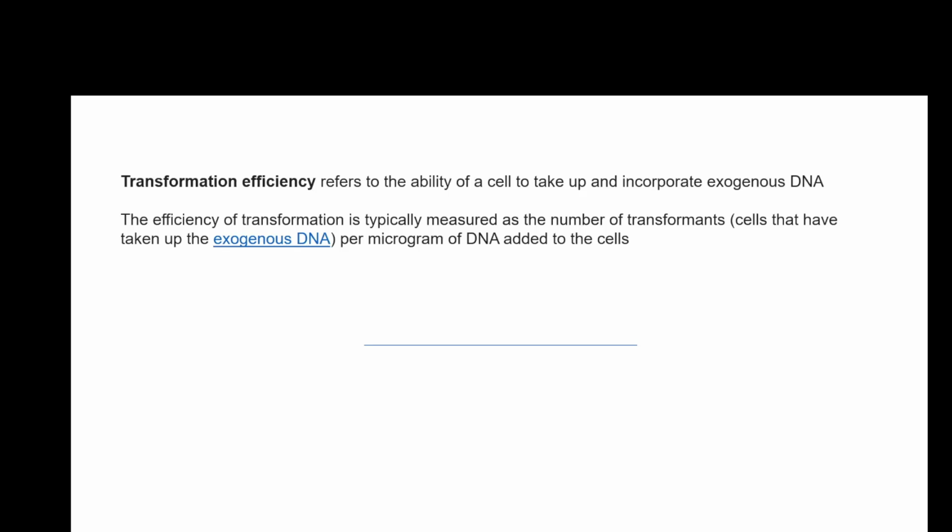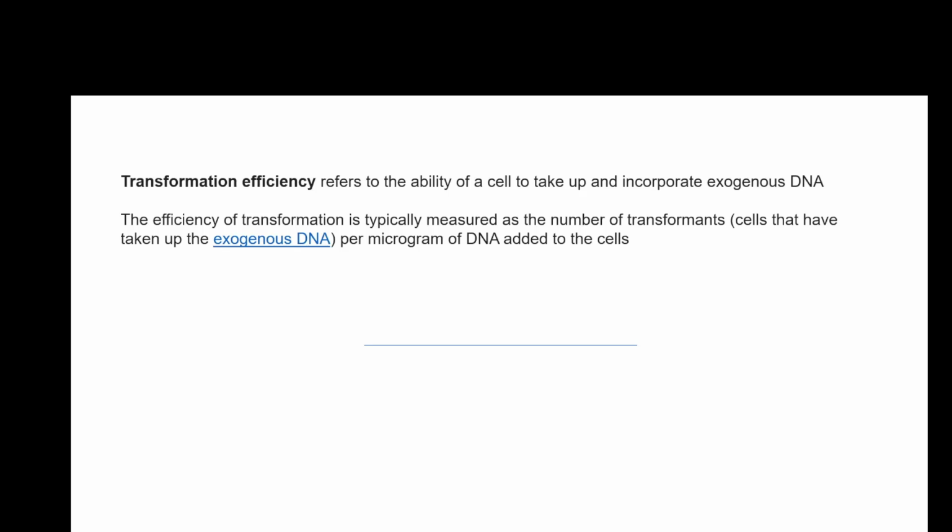The very generalized method is the calcium chloride method, where the calcium divalent cations coat the bacterial membrane and allow the negatively charged DNA to easily come up in the surrounding of the bacterial wall, and when provided a shock, the bacterial cell can easily take up that DNA.